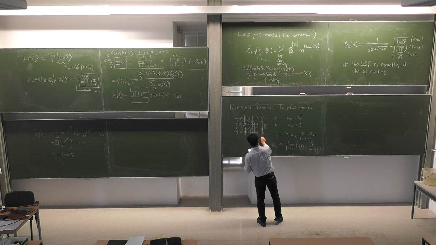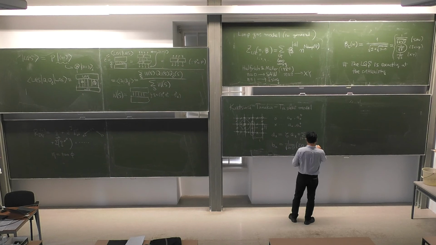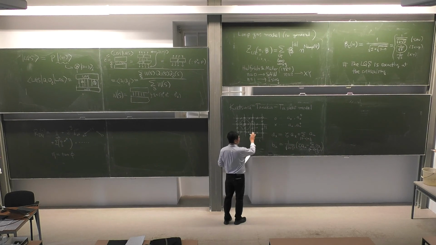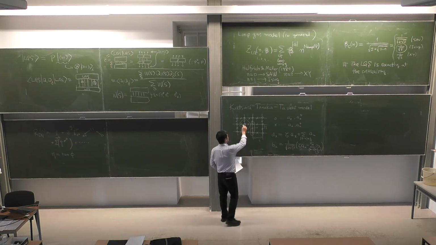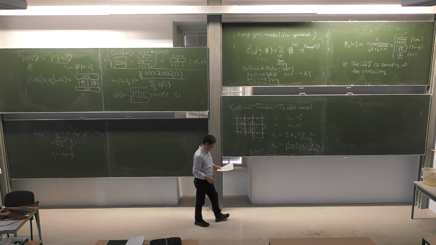By definition, this is 1. Minus A_X. Something like this. So this is B_U. So D_X is defined in this region, and B_U is defined in this region, something like that.